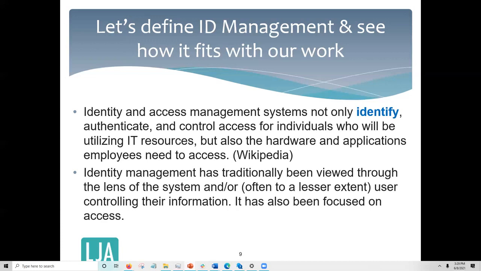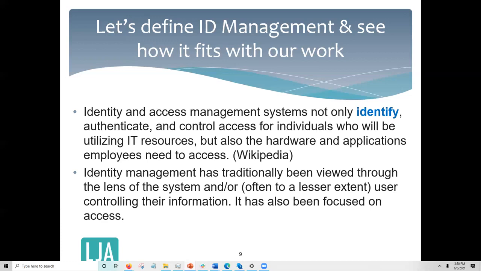But, to a lesser extent, it's been about users controlling their information. So it's more about how these systems are managing user accounts and how they're managing permissions and all that kind of stuff. And it's really been focused on that access and control of that person. What can that person do while they're in that particular system? And that's certainly a very important part of it, right?